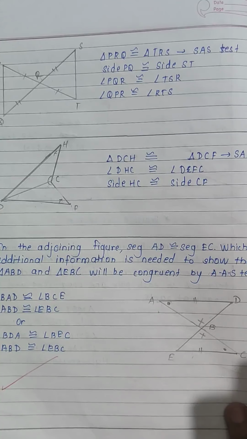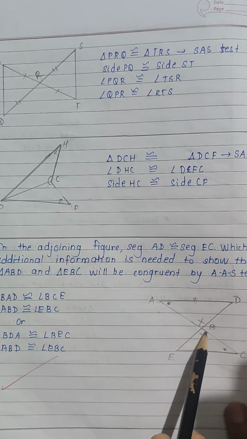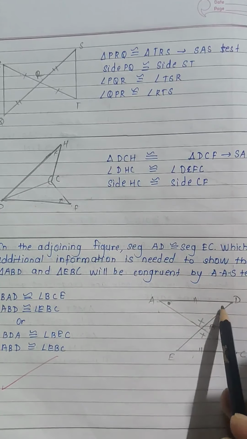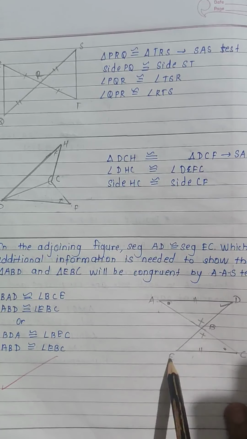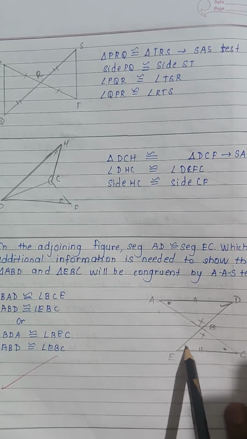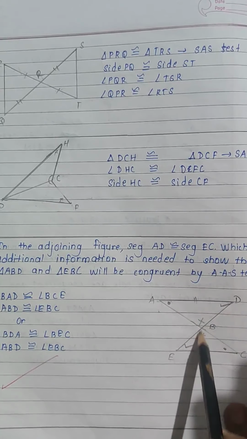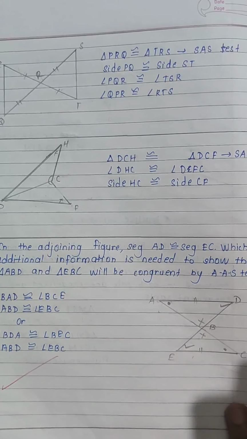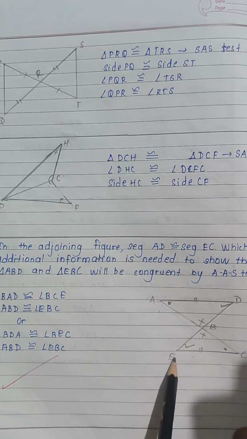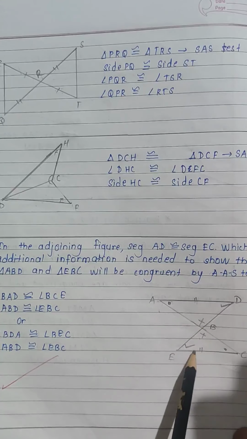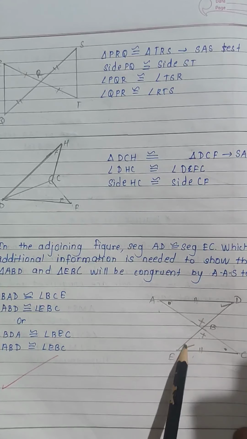Or there is one more possibility, angle BDA, this angle, and angle BEC, this angle. If these two are equal, and once again they are having angle ABD and angle EBC vertically opposite, then we can say these two triangles are congruent by angle angle side test.